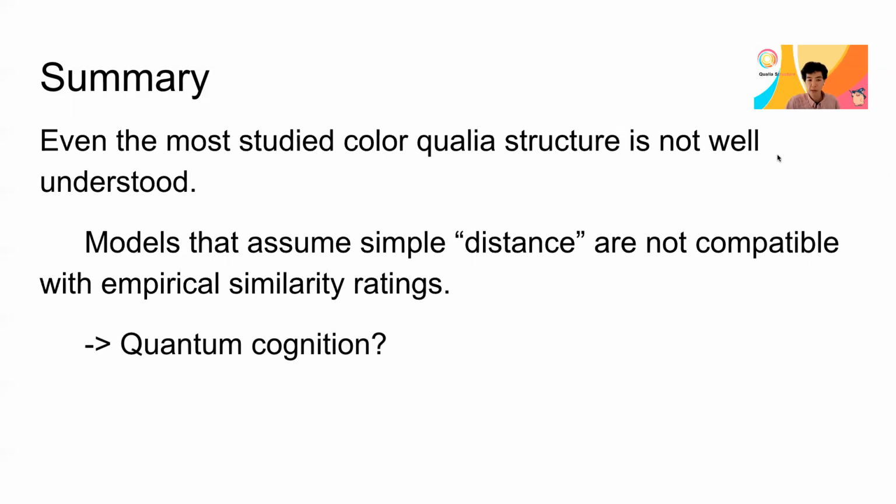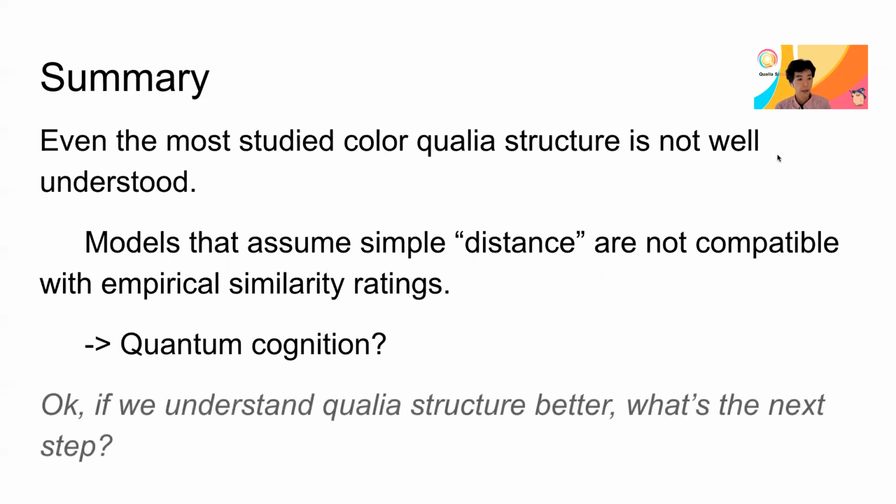It seems to explain quite a bit of the many different kinds of perceptual and cognitive biases that we usually cannot explain theoretically, right? So we probably need another lecture series for quantum cognition, but let's stop here. But okay, if we understand the Qualia structure better, what's the next step? That's the next video.